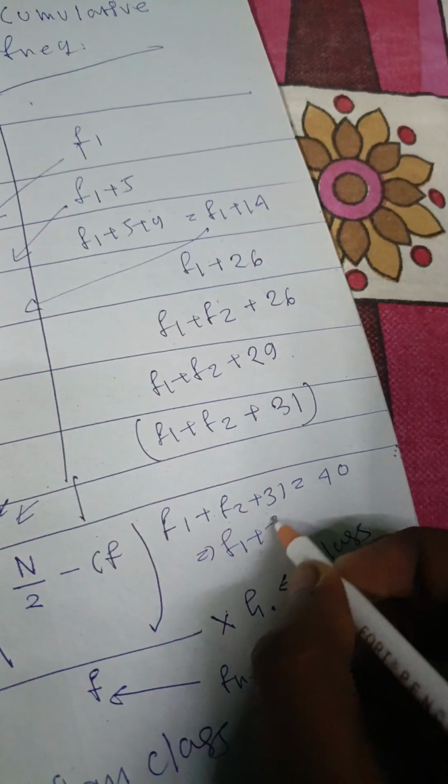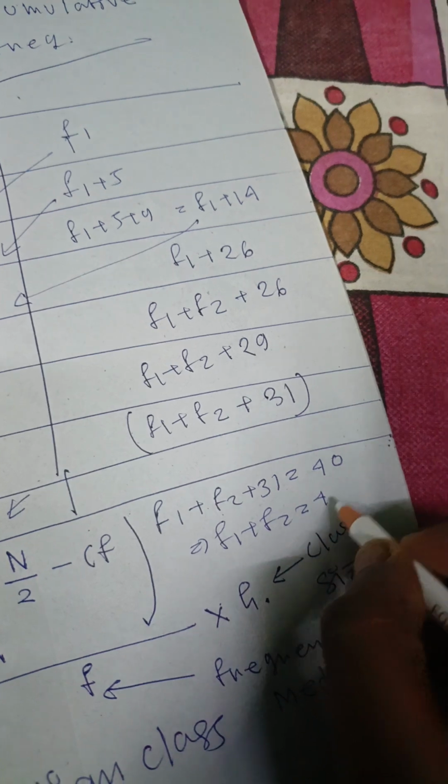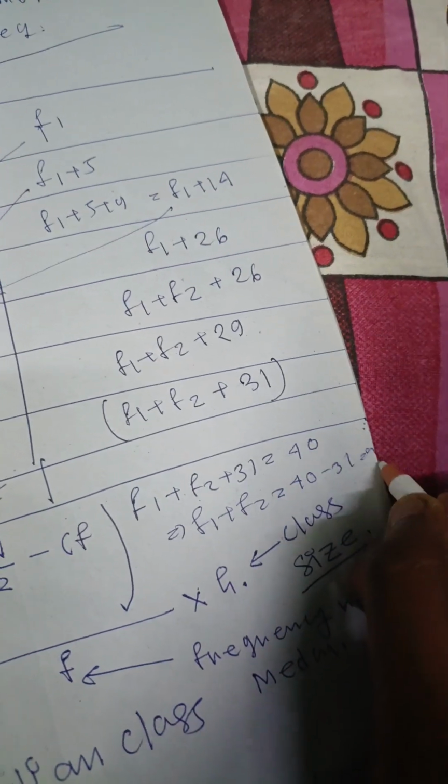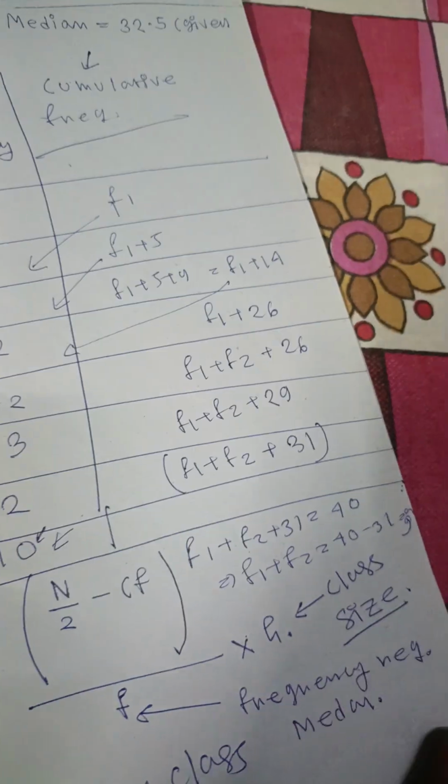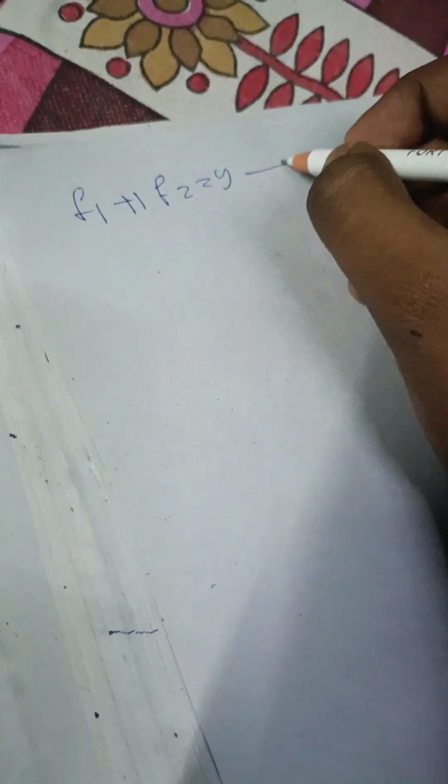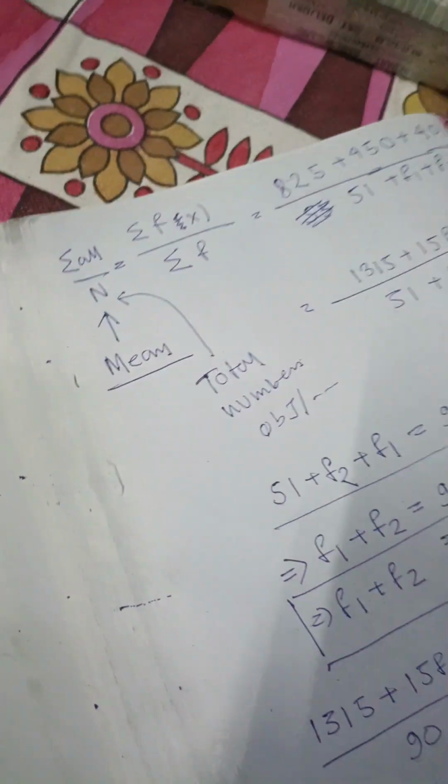So f1 plus f2 is 40 minus 31, that will be 9. So the first equation we got is f1 plus f2 is 9. Okay, similarly we have to find the second equation and solve. So let's see how we can find the second equation.